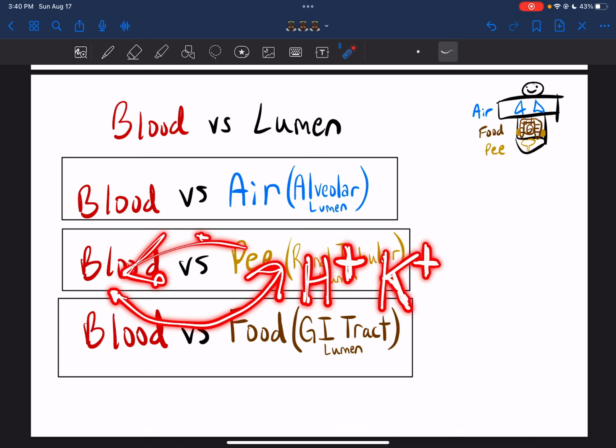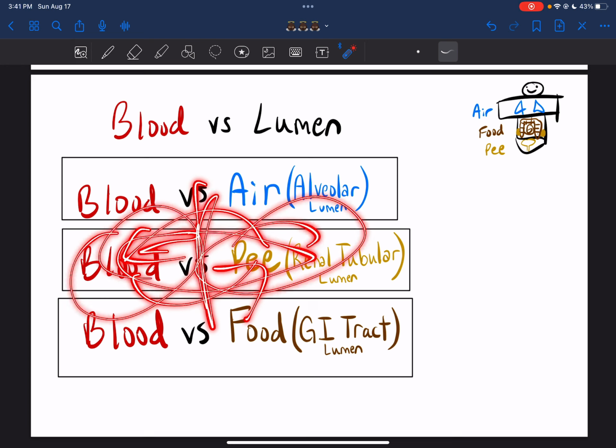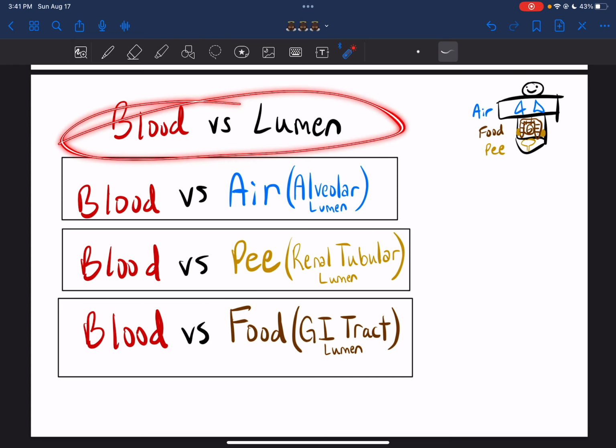Yeah, you need some, but I still think of it as bad because your body likes to get rid of it a lot. Creatinine and BUN. As an overarching rule of thumb, those things are generally going out into your pee. So again, it's all about these two sides trading things back and forth across them. Blood versus pee. Blood versus a lumen.